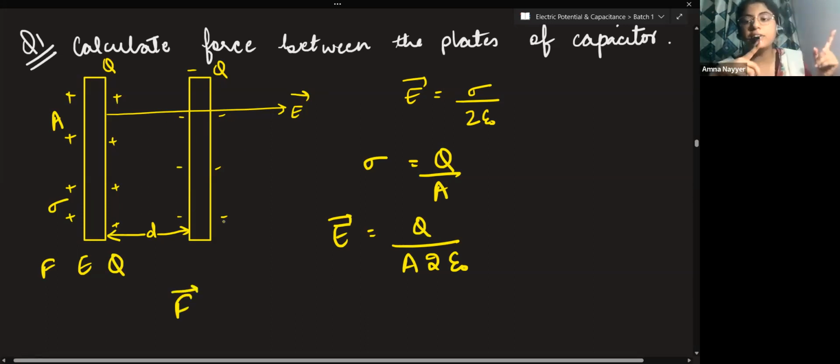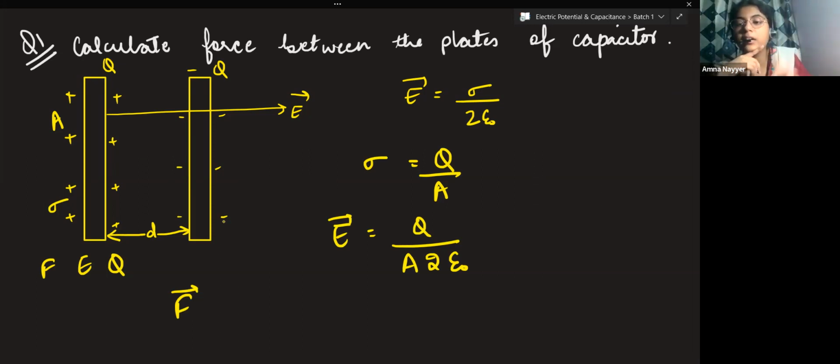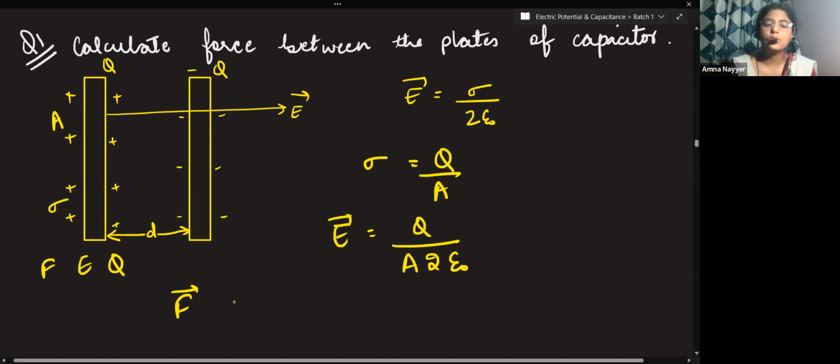Why? The electric field is of the positive charge, and force is being generated on the second plate. The second plate has the negative charge. So if we write the complete vector, it will be minus Q multiplied by the electric field. This is the formula, no? F is equal to QE.